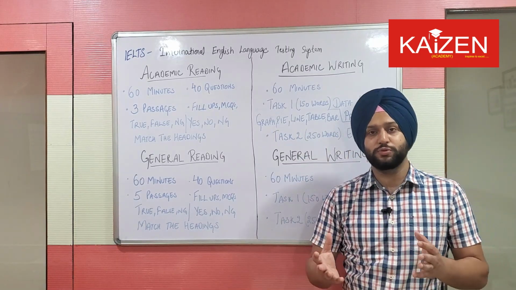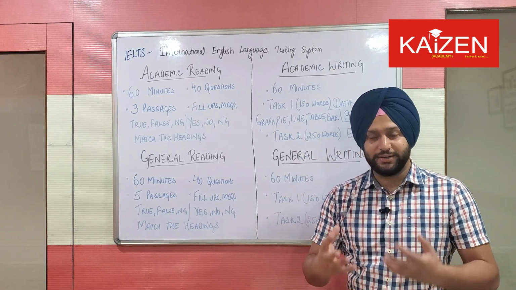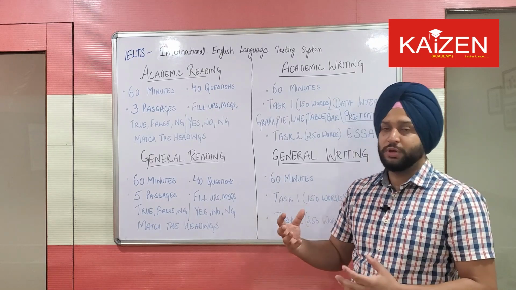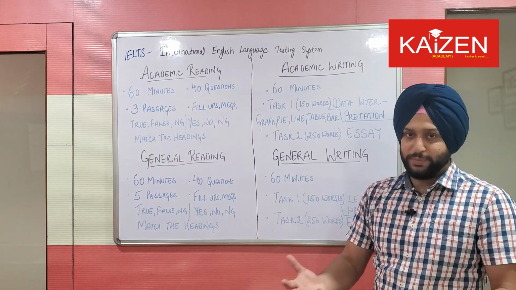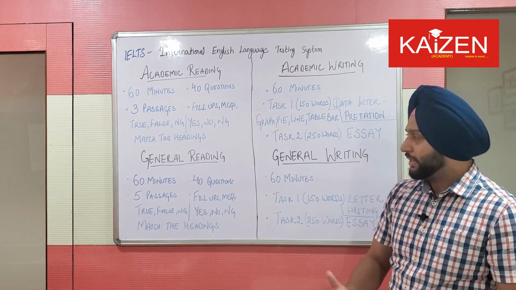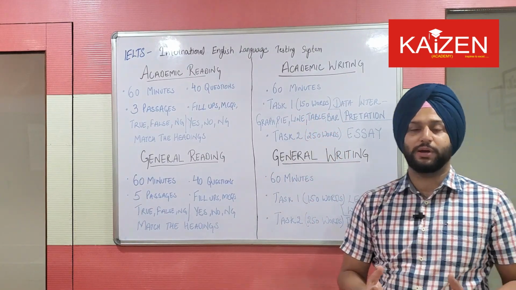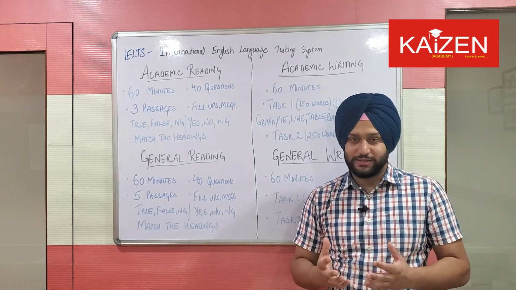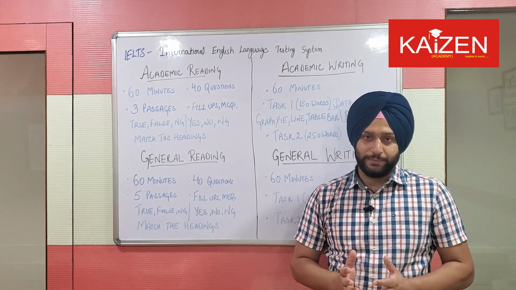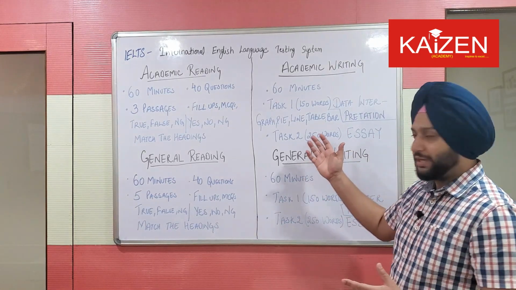So you have to analyze the data, interpret it, and put that information in your own words in more than 150 words, and you have to spend about 20 minutes on task 1, not more than that.